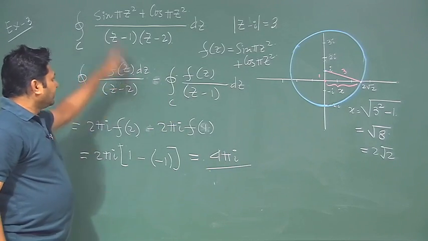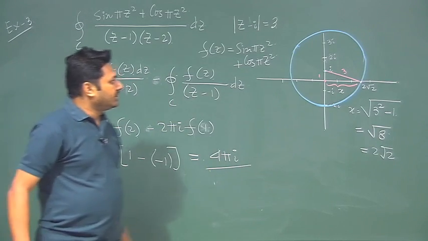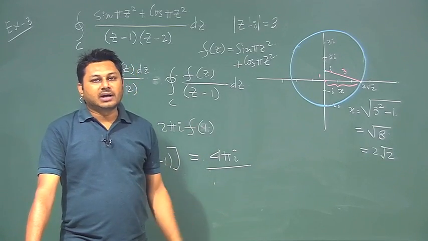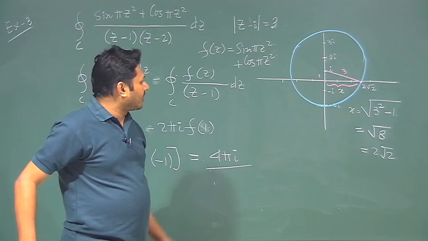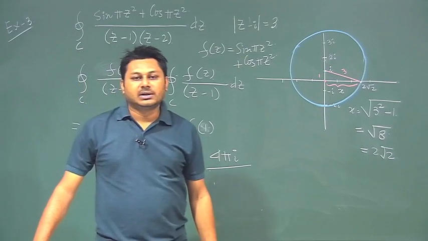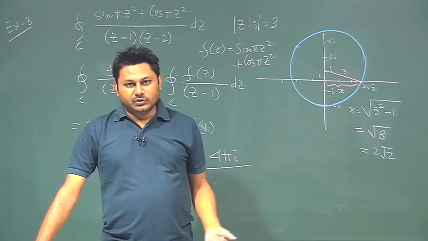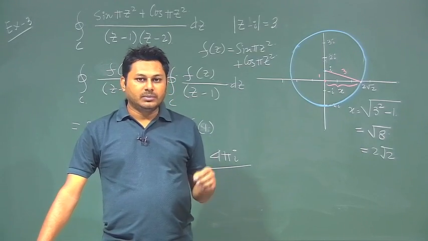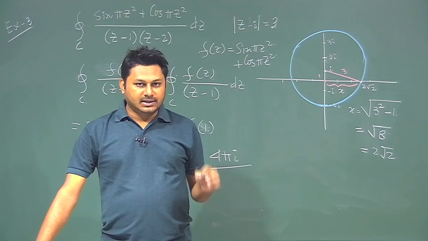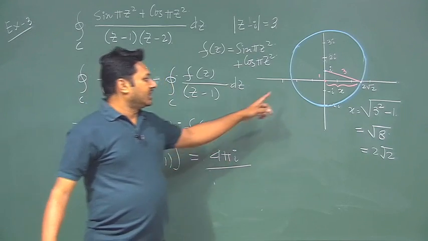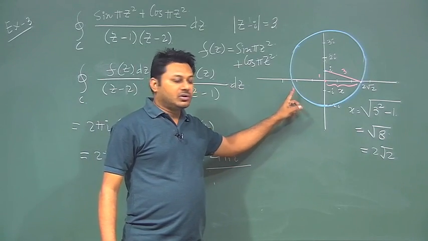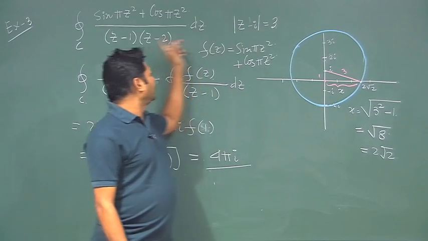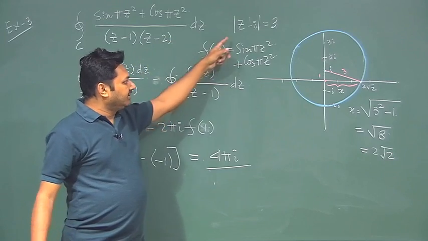So, these are the standard few problems I derived in the last class as well as in this class, so that you become familiar with this kind of problem, and just use Cauchy's integral formula to evaluate the integration whatever is given to you. First, you need to find out how many singularities are there. When the problem is given to you, the contour or the region over which you have to integrate is also given to you. So, this region is important.